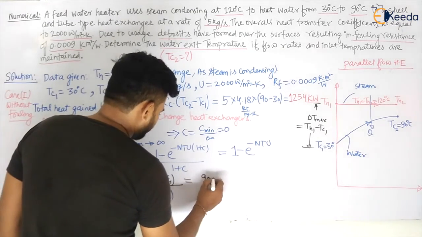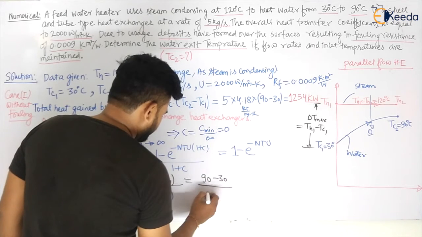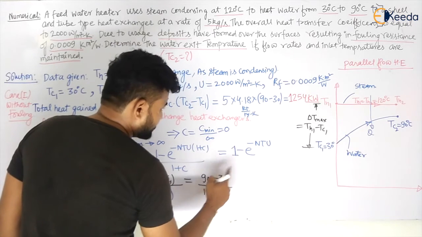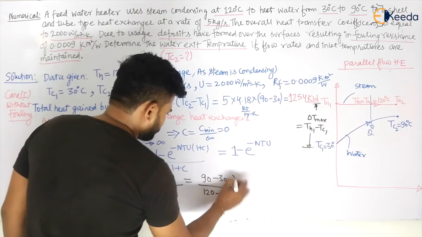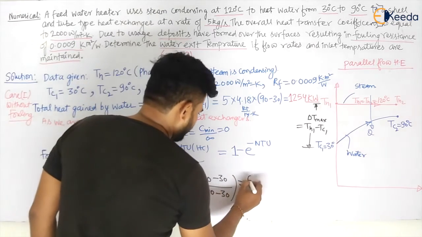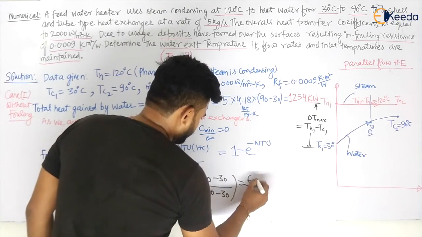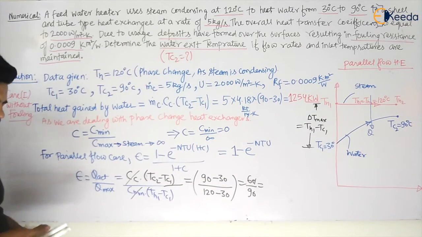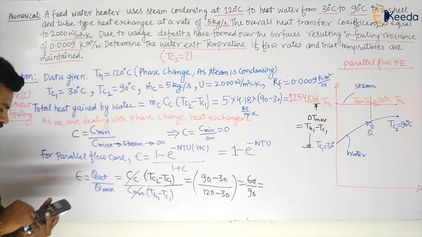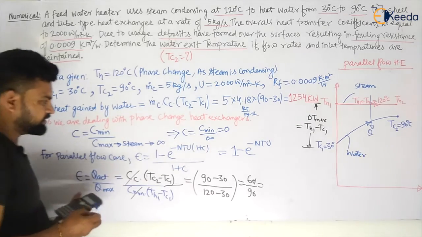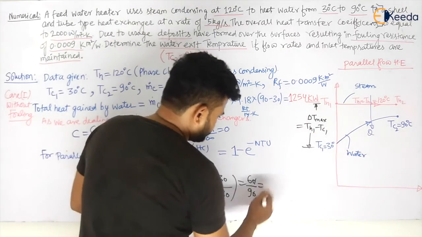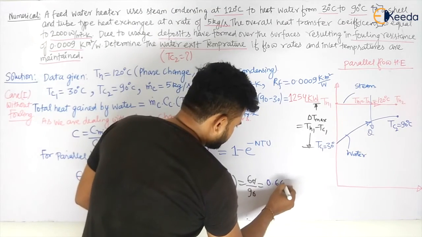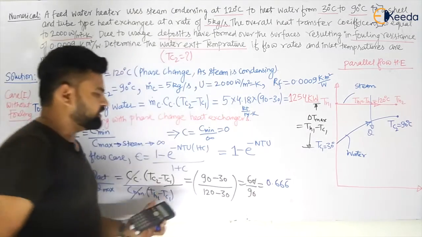That is 90 minus 30 divided by 120, what is TH1, 120 minus 30. So this will become 60 upon 90, so 6 upon 9 will be equal to 0.666 bar, my dear students. Okay, now this is the effectiveness.